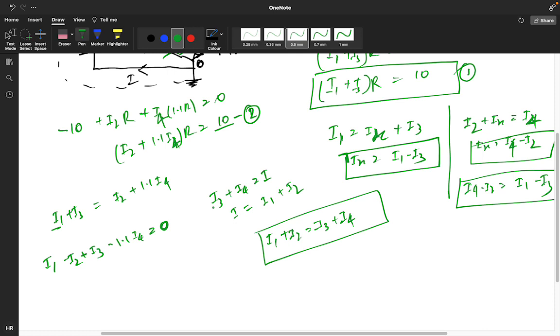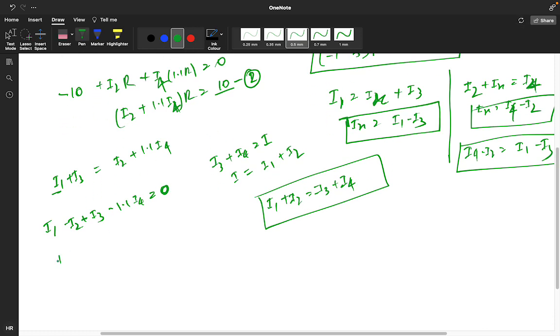And one particular equation is I1 plus I2 minus I3 minus I4 equals 0, right guys? So if you solve this, what will you get? This will cancel out, and you are getting 2 I1 minus 2.2 I4 equals 0.